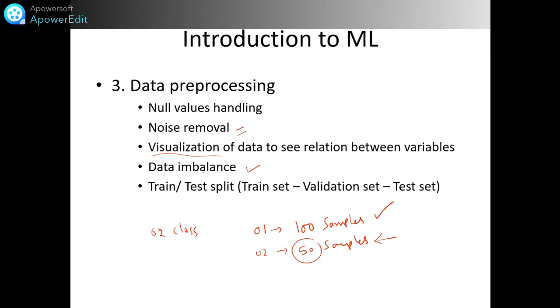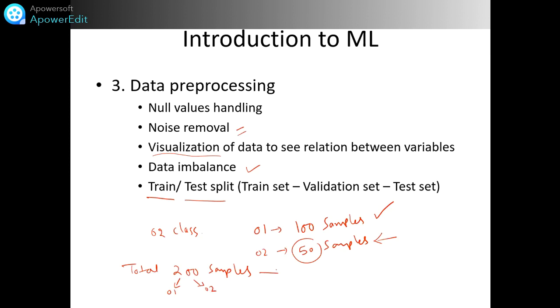And the last step in data pre-processing is that we have to split the data into train and test sets. Because in machine learning, say in total we have 200 samples in class 1 and class 2.